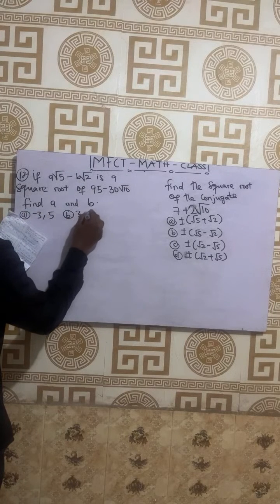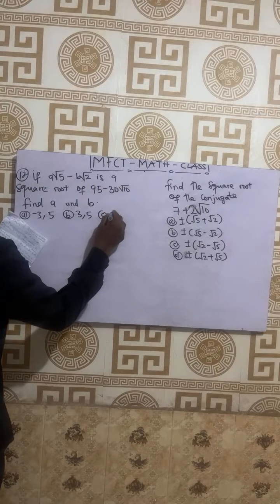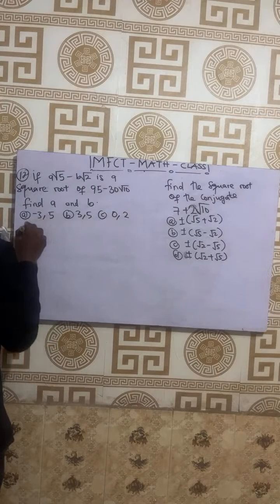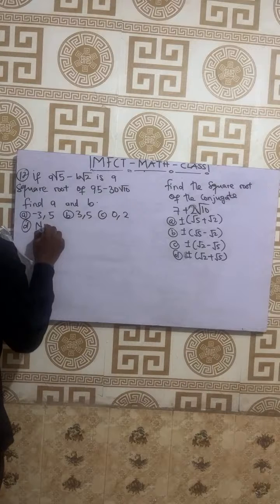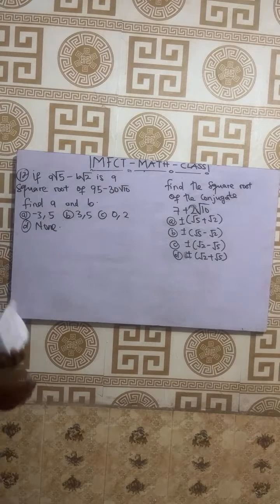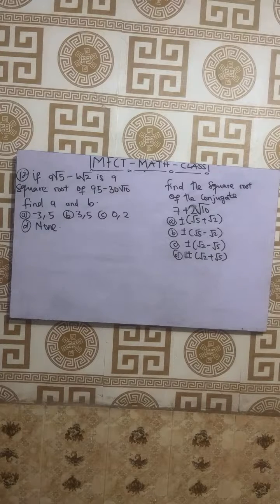Option B, 3, 5. Option C, 0, 2. Now, this is the last question under square root of surd.